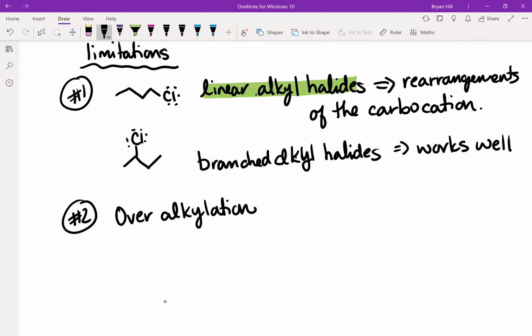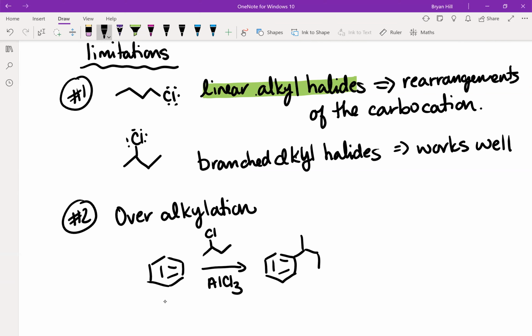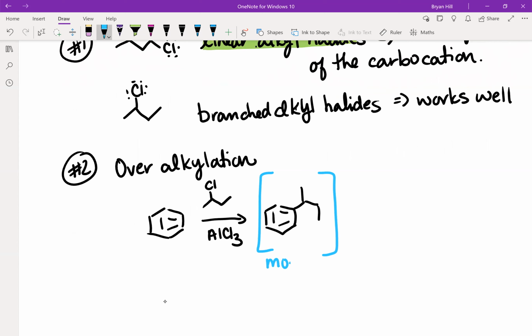So once you do the reaction with aluminum trichloride, you form this compound, and I'll put this in brackets. And this is more reactive than the starting material.